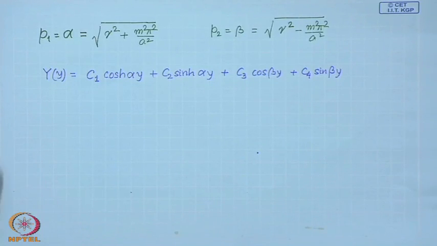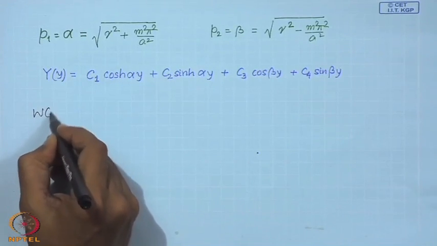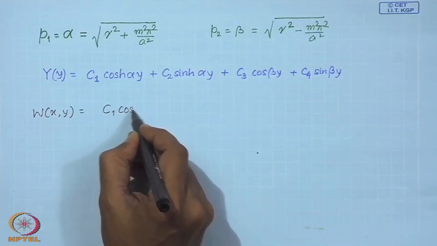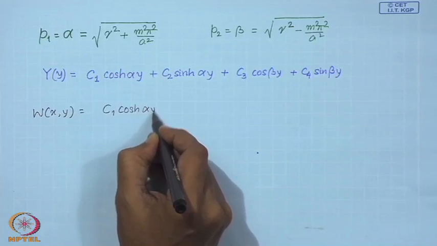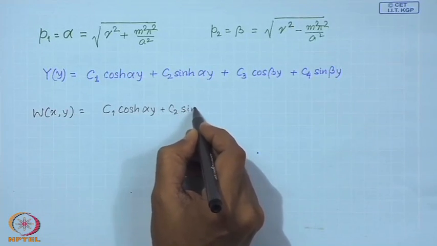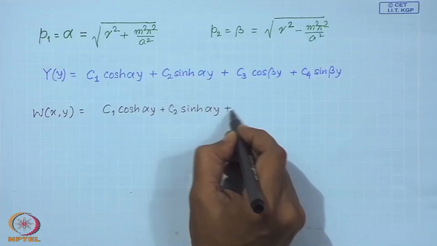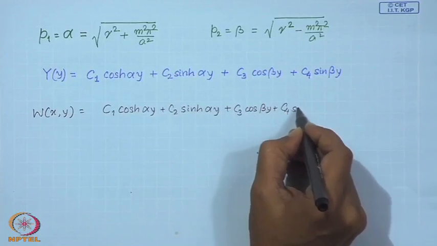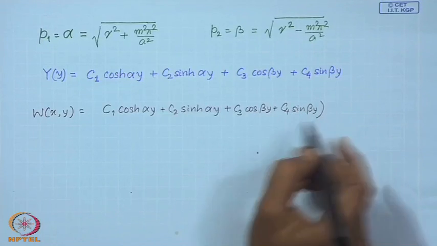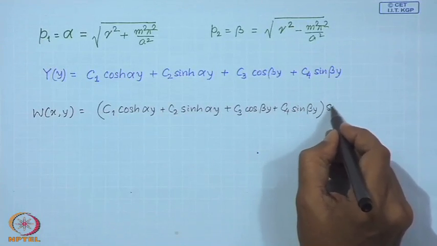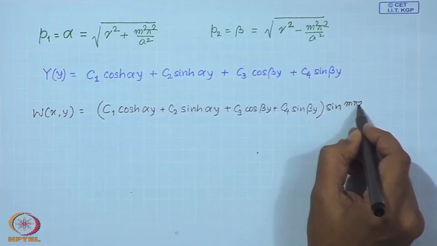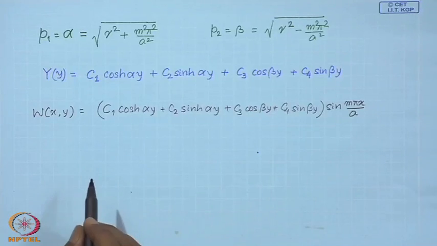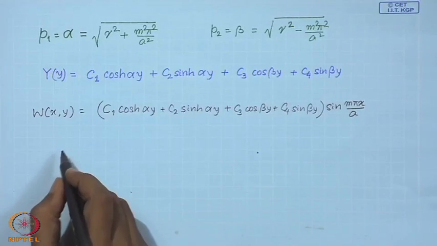So, then my solution stands as this. Now we have satisfied 4 boundary conditions by choosing the function in x.